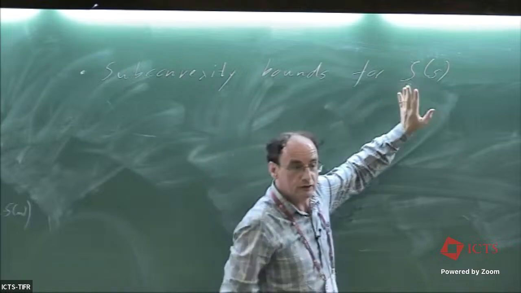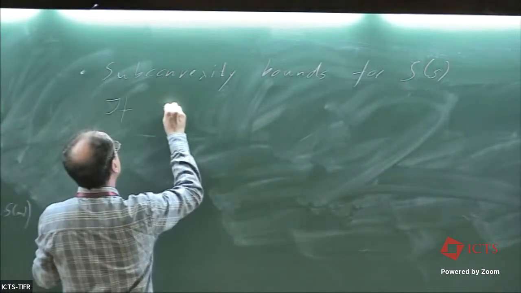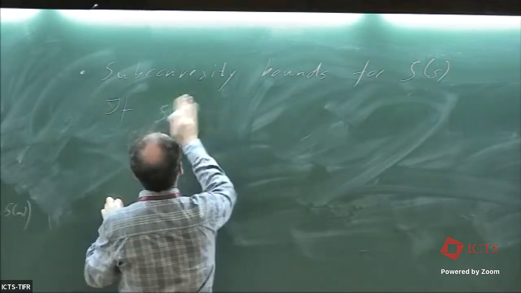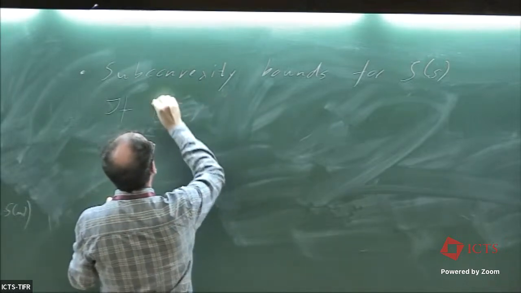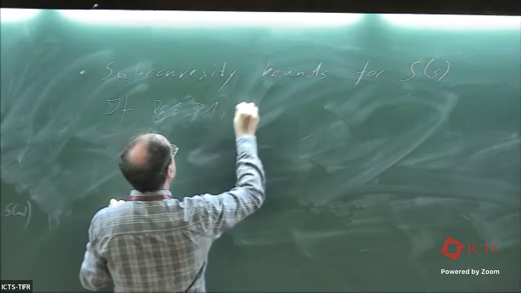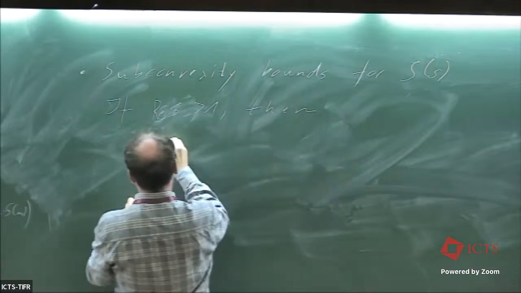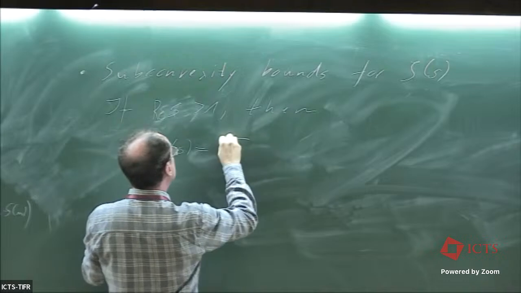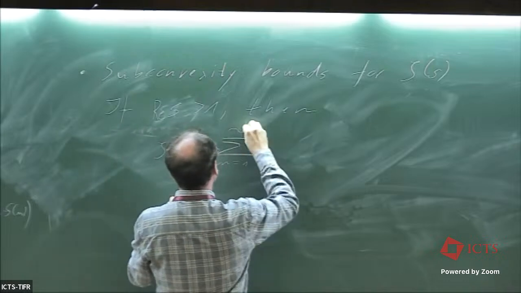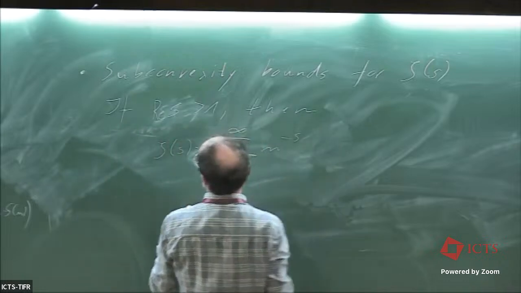How does it arise? When the real part of s is greater than 1, we have a series expansion of the zeta function: zeta of s is the sum over n equals 1 to infinity of n to the minus s.